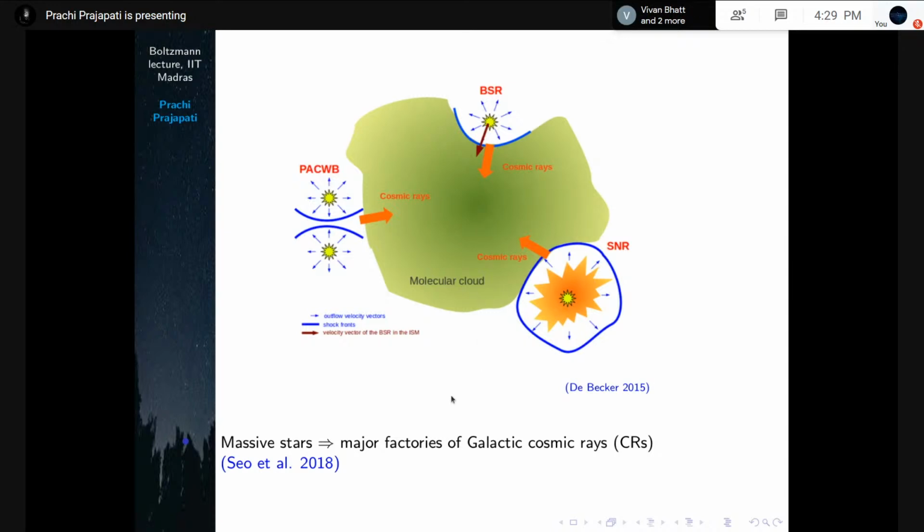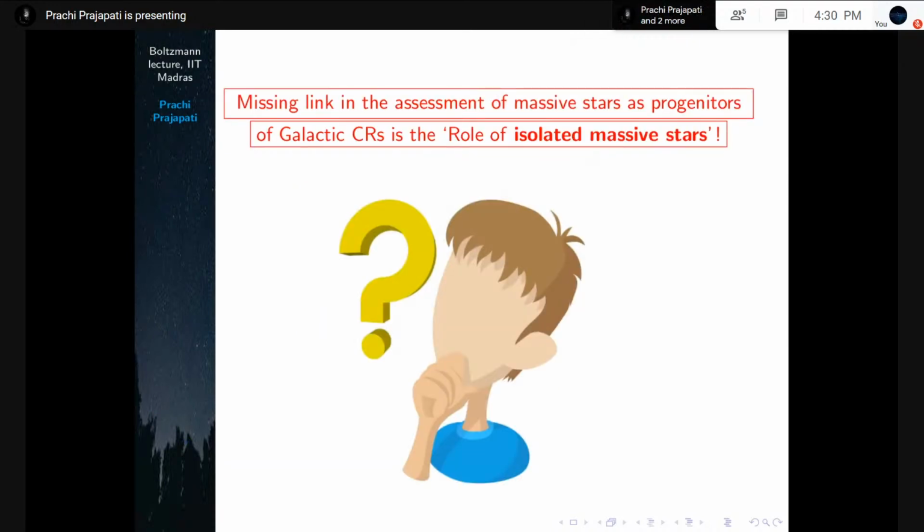But to generalize this idea, this is not the full picture. There is something still missing, which is the role of isolated massive stars. We have already discussed binary systems of massive stars and supernovae, but how an isolated massive star contributes to particle acceleration during its life is observationally not yet well understood.